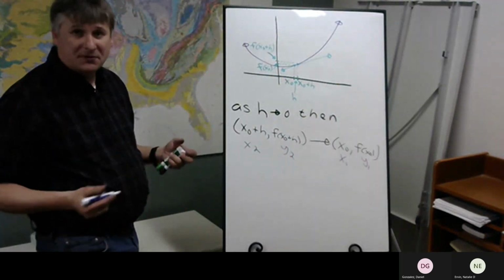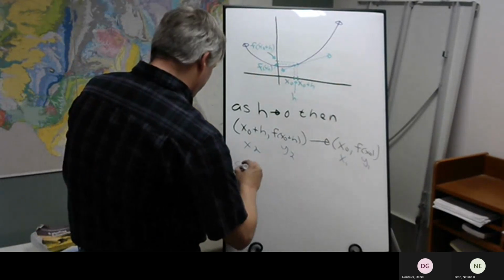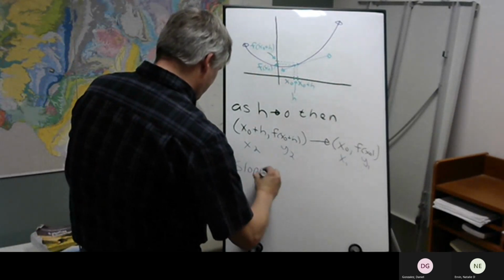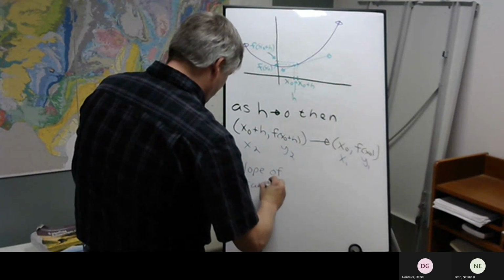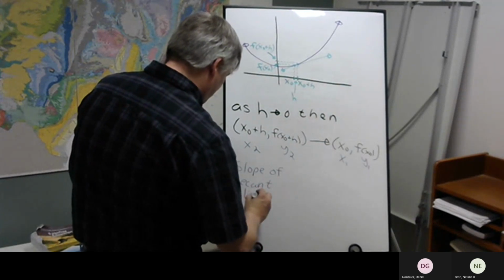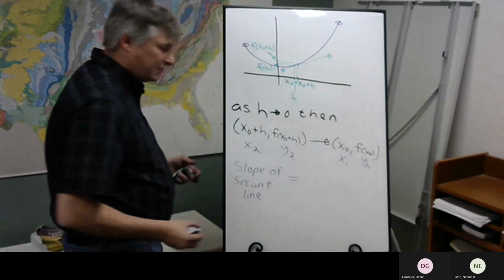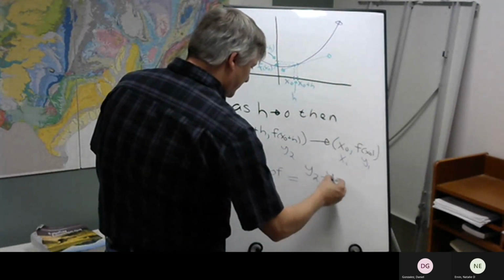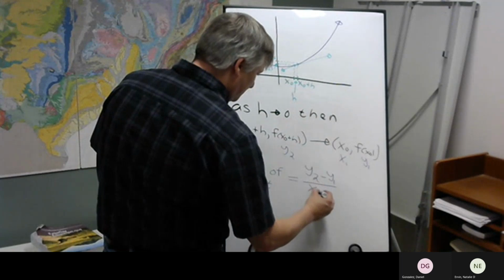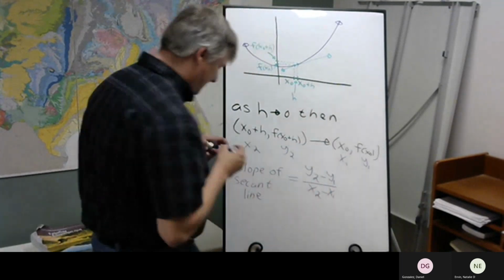And then the slope of the secant line, well, it's our slope formula. y2 minus y1 over x2 minus x1.